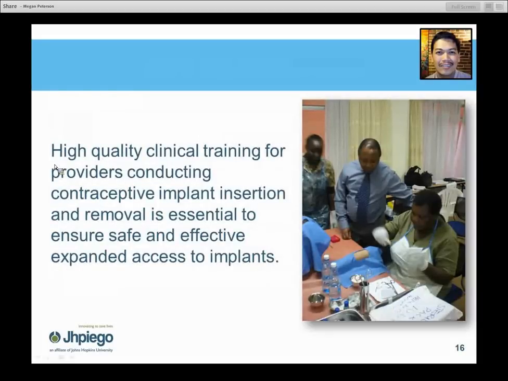And so what you're seeing in this picture is my colleague, Dr. Willie Shasha, who is facilitating a clinical training. You're going to see a lady who's practicing on an arm model, doing an insertion of implants.